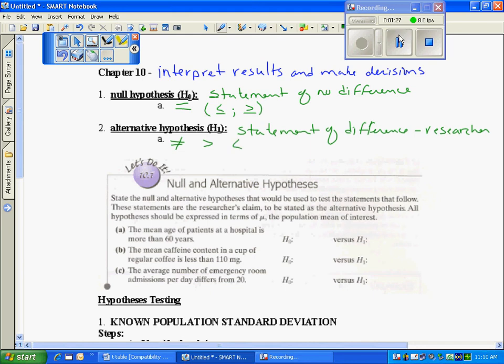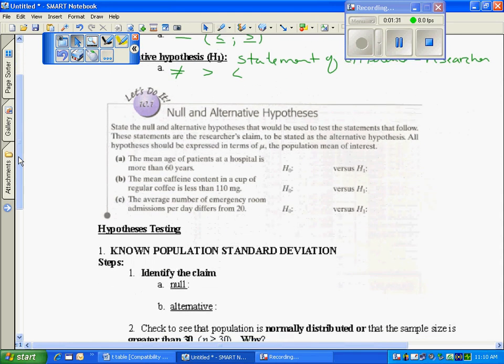A little bit more practice in computing these, because we'll need those directions in order to make the test work. In Let's Do It 10.1, the median age of patients in the hospital is more than 60 years old. So what do we need to find for the null and the alternative? We go back into the question, which says these statements are the researcher's claim.